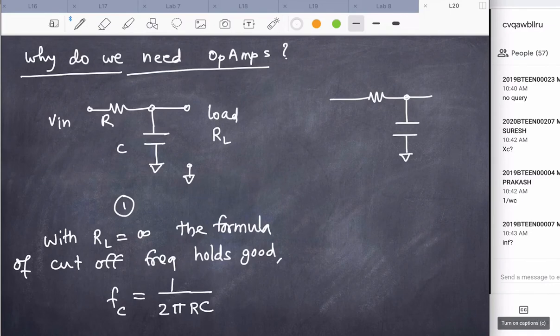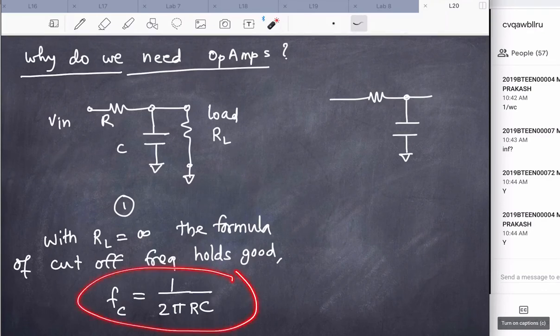Everybody understood this much? Yes or no? Now, suppose I connect some load resistance here, whatever may be the value, will this formula be the same? Yes or no? Will the formula be the same or cannot be the same?